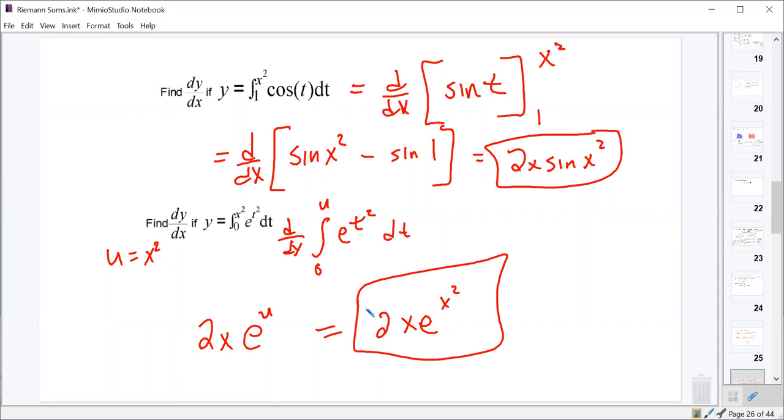Does that make sense? It's not u squared, or sorry, it's not e to the u squared because we let, oh, sorry, it was t squared, huh? My mistake. Man, I am having some trouble here.